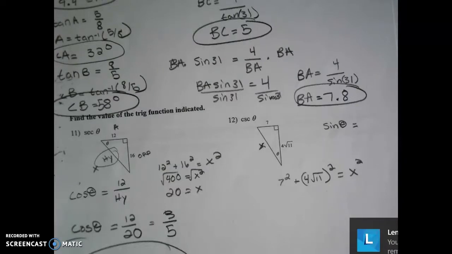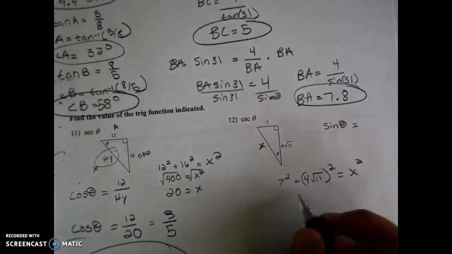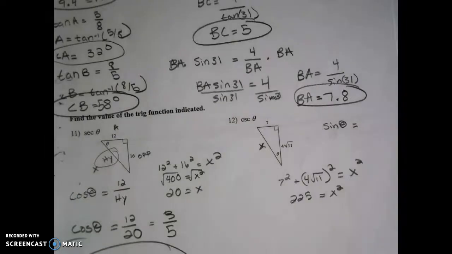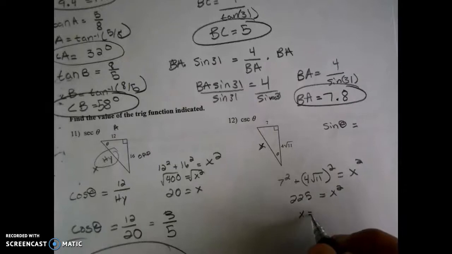Okay, so we're going to solve for x here. Okay, so here we get 225 is equal to x squared. That gives us x is equal to 15.